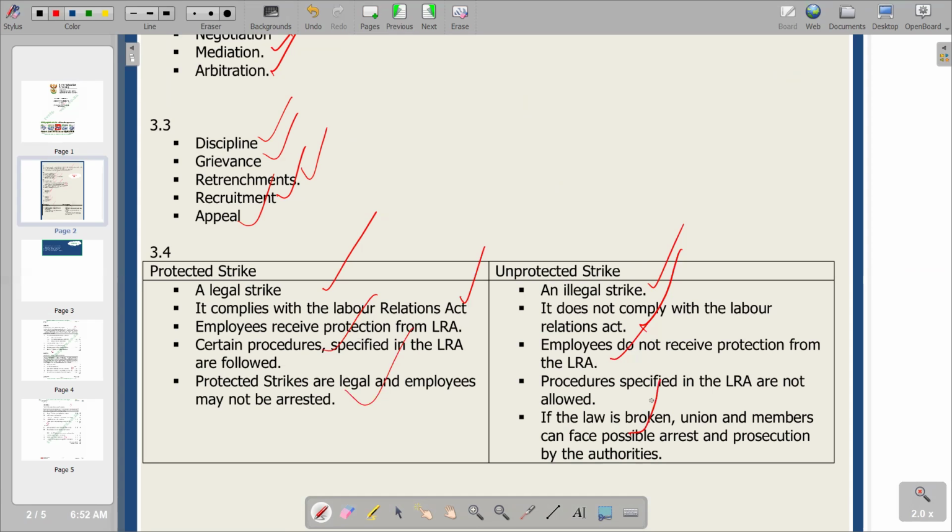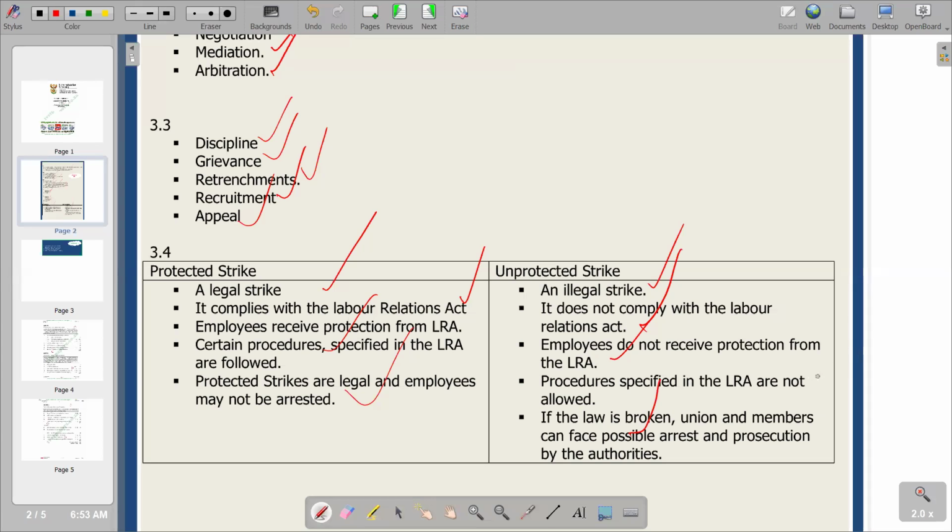And then we also have a point under unprotected strike that procedures specified in the Labor Relations Act are not allowed. So this is what we have on the differences that we can deduce between protected and unprotected strike.